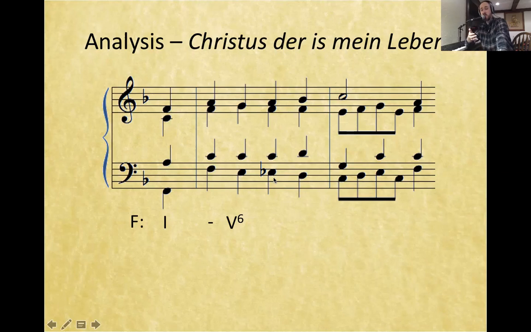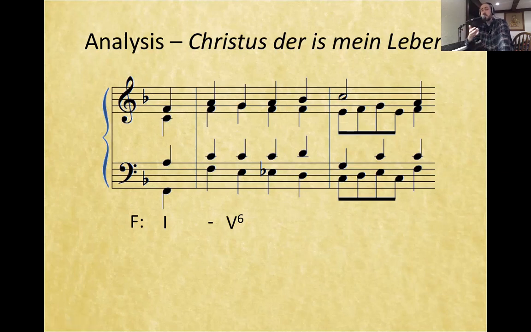So F is the root, but F is also the key, so that is funky, but since it's got this chromatic note, we know that we're not dealing with a 1 chord, we're dealing with a 5 of something chord. And if we look here, if F is the root of a dominant chord, what's F 5 of? F is 5 of B flat.